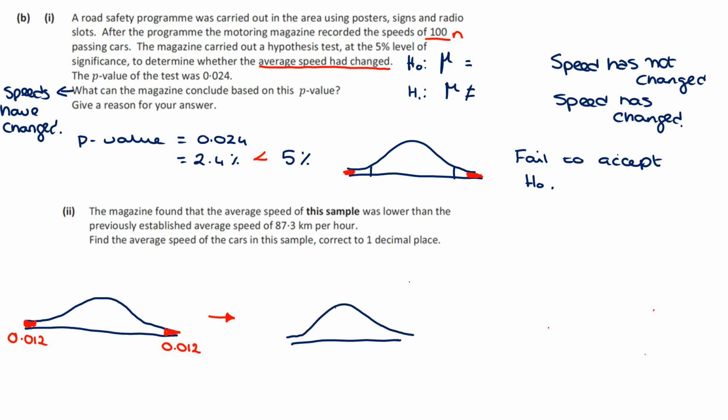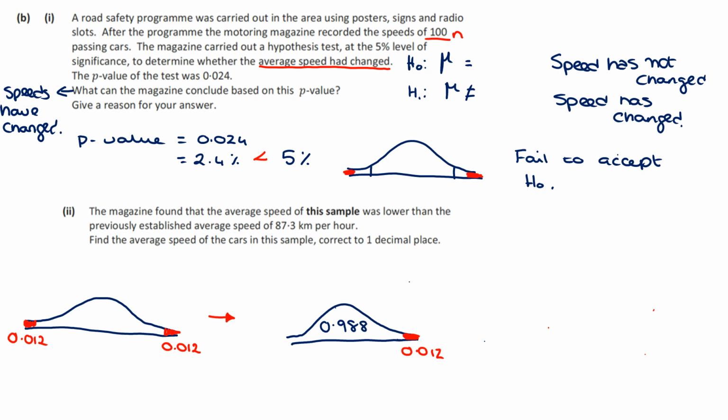If this was 0.012, then to the left of that, it's going to be 1 minus 0.012, and that would leave us with 0.988. So that would be the proportion that is to the left.